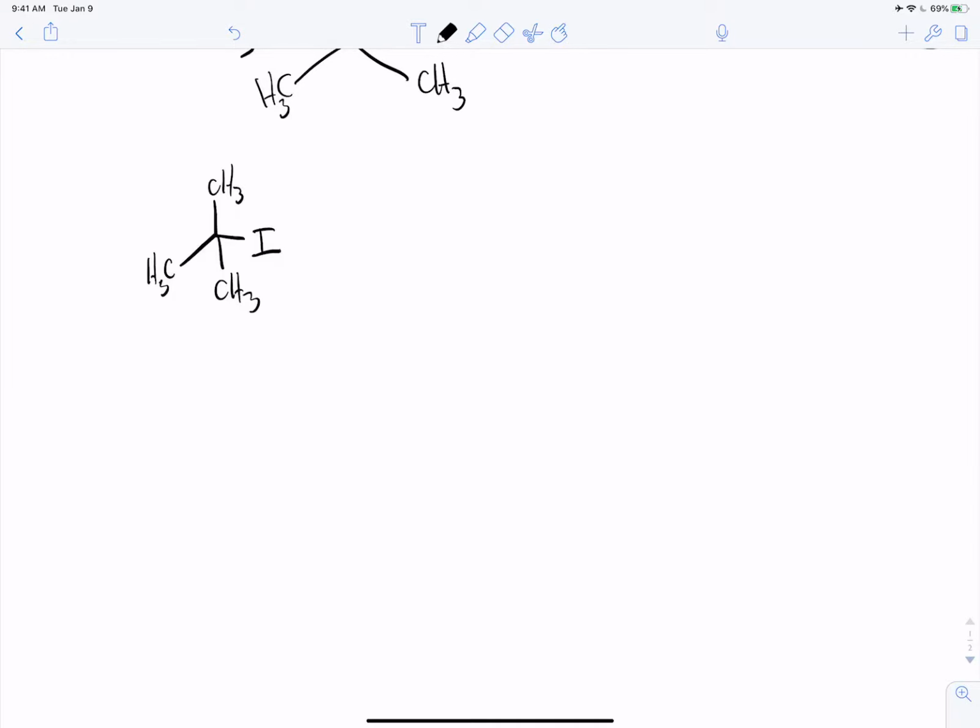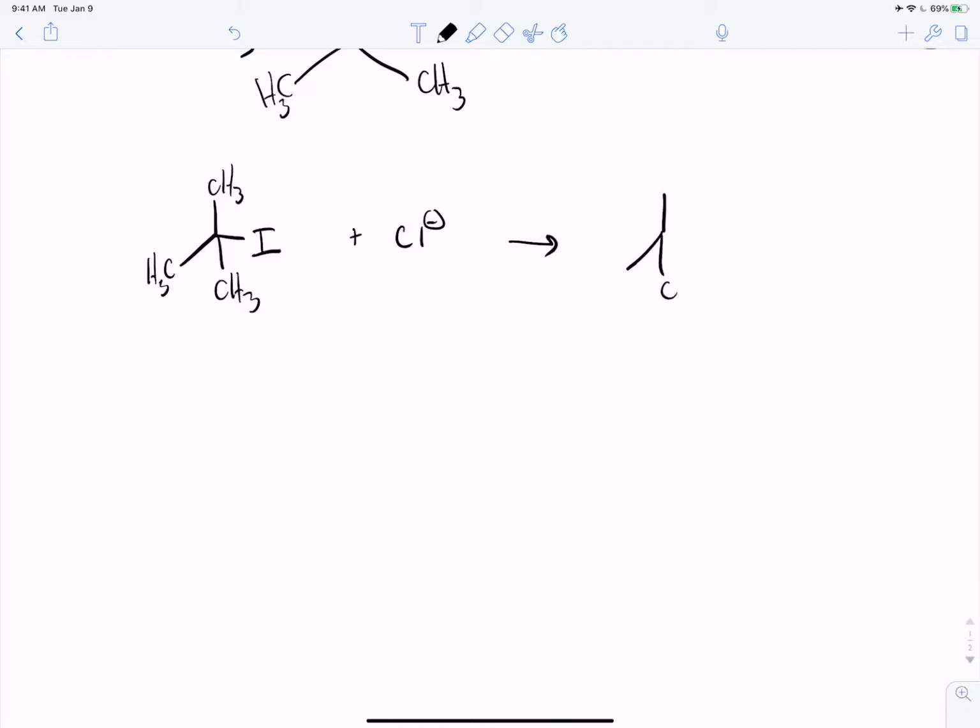So generally, these are done, actually, let's look at this one. So I'm going to use another nucleophile. Let's say I have chloride in there.